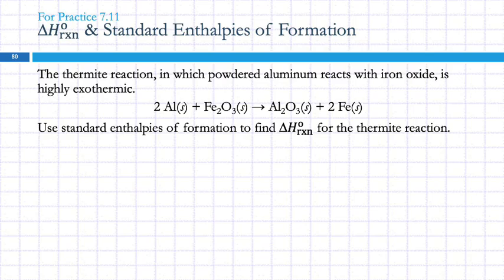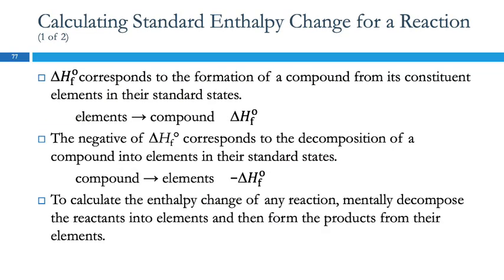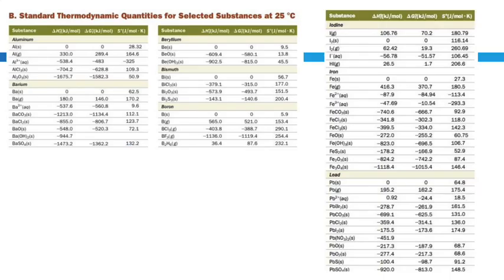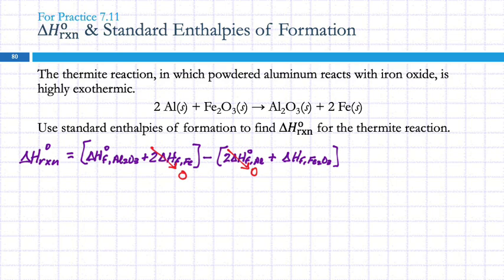I thought maybe I had hidden those in there, but I did not. So we'll go over here. Fe2O3, solid. So the heat of formation is negative 824.2.